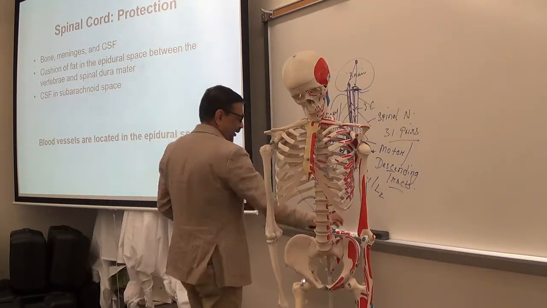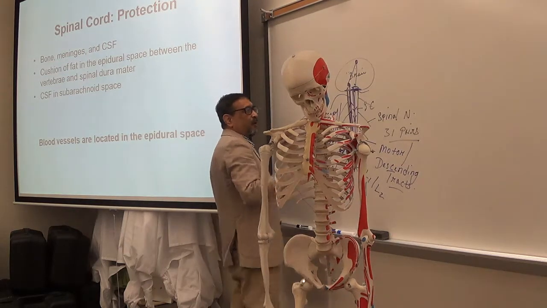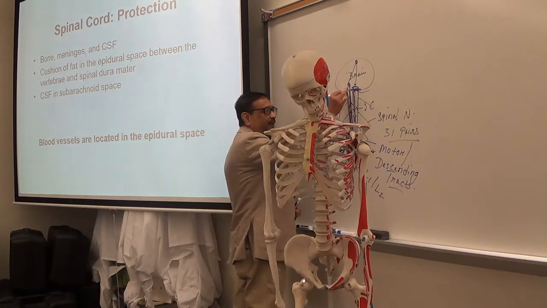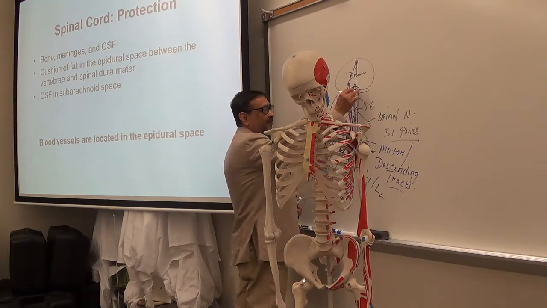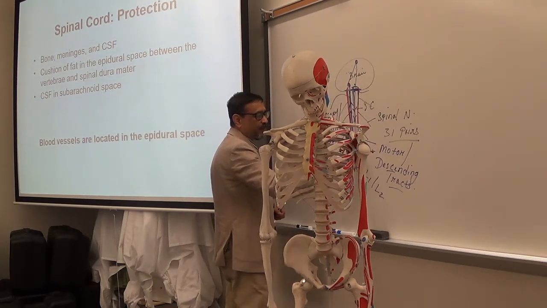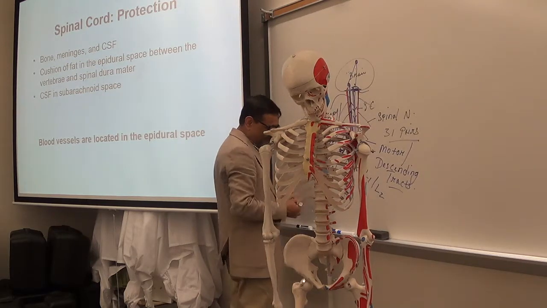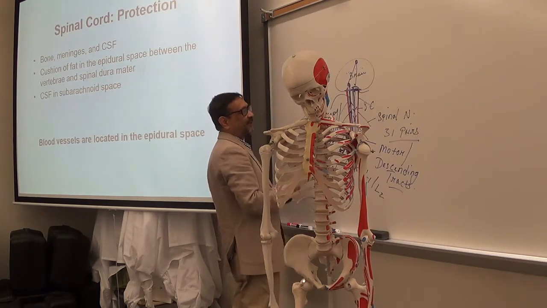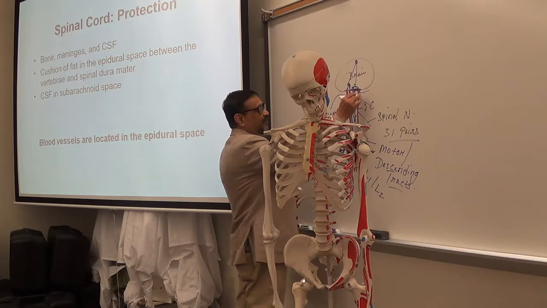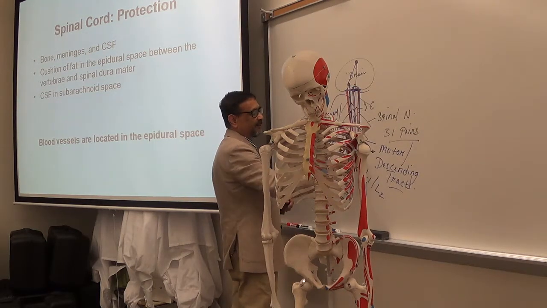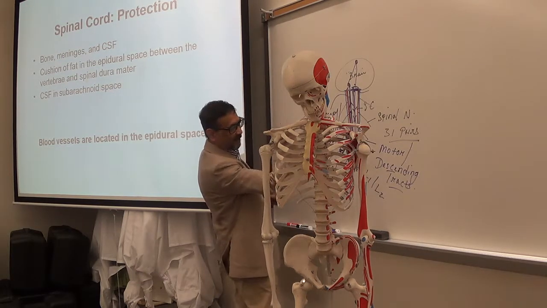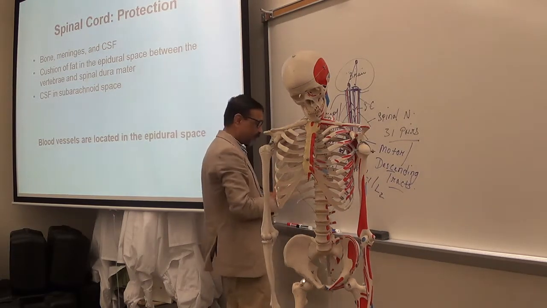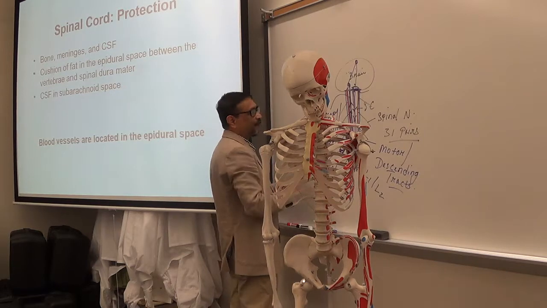Then around the spinal cord you have 3 coverings. Those are called meninges. How many? 3. So you see it is heavily protected. 3 layers or coverings around the spinal cord.